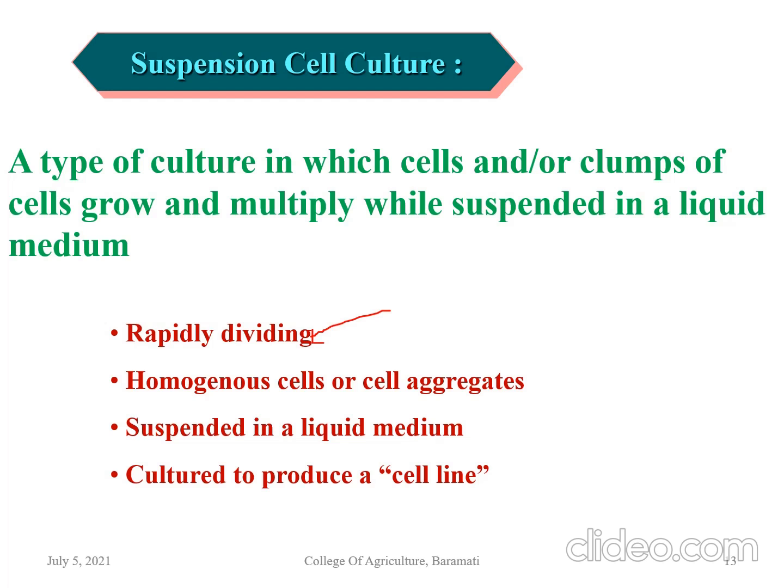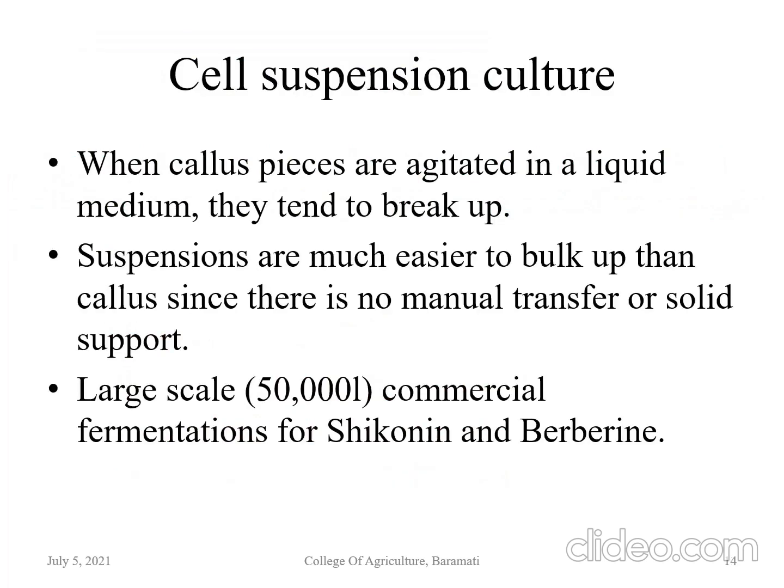Then homogeneous cells or cell aggregates are there in the suspension culture. It is suspended in a liquid media, so there is no need to add agar or a solidifying agent. And if you purify it further, you can finally get a single cell line out of suspension culture. So all these are the important points for creating suspension culture in tissue culture.